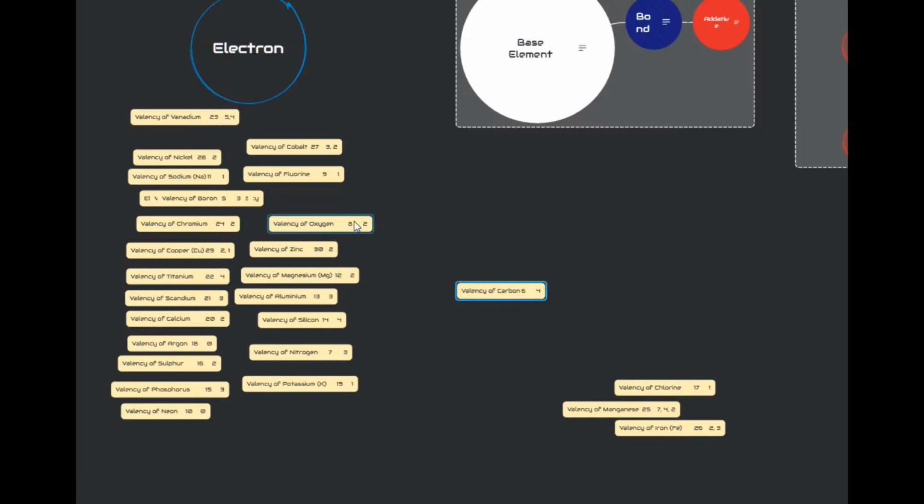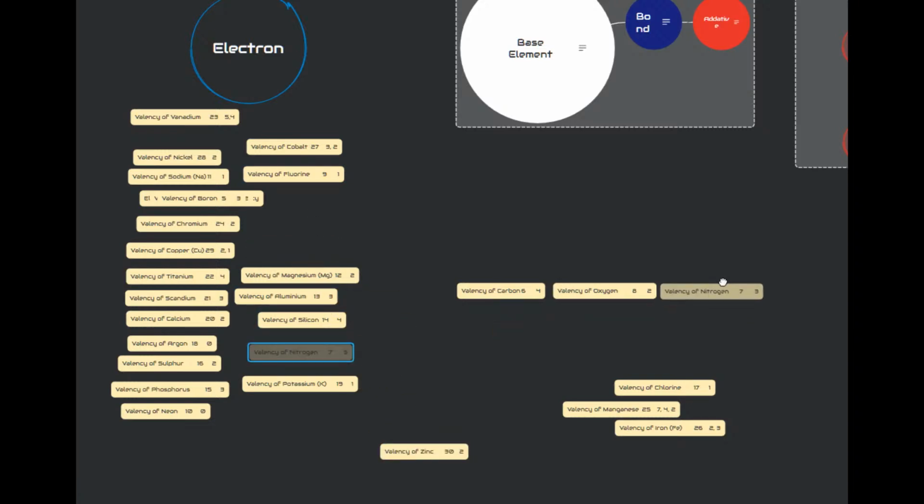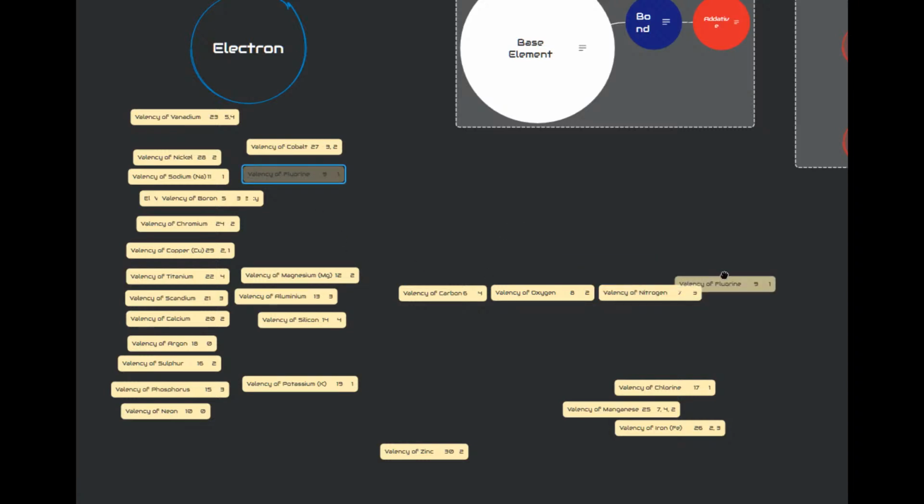So it's carbon, oxygen, nitrogen. In terms of how they go on the table, and then fluorine.